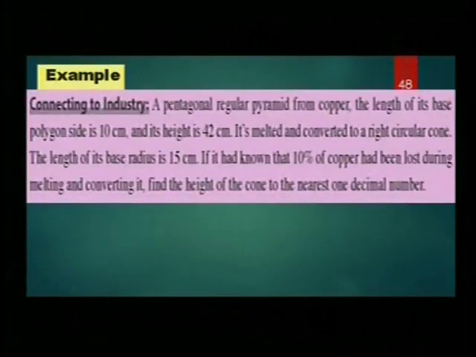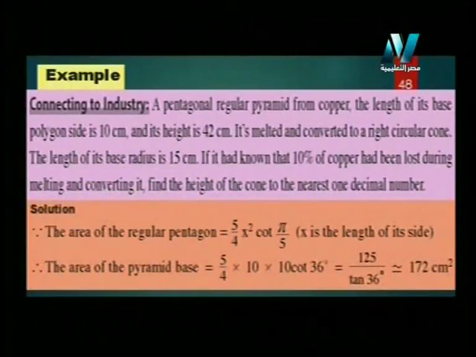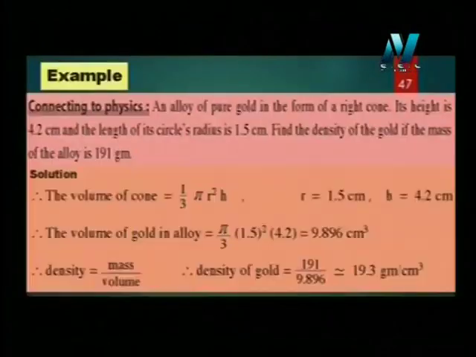Solution: the volume equals 1/3 πr power 2 h, and r equals 1.5, h equals 4.2. The volume will be π over 3 times 1.5 power 2 times 4.2, which equals 9.896 centimeters cubed. Density equals mass over volume, so the density is approximately 19.3 grams per centimeter cubed.